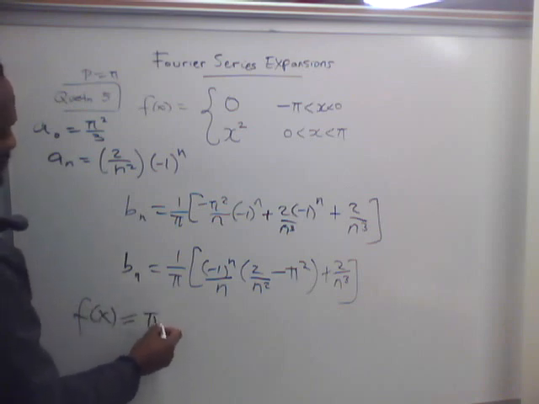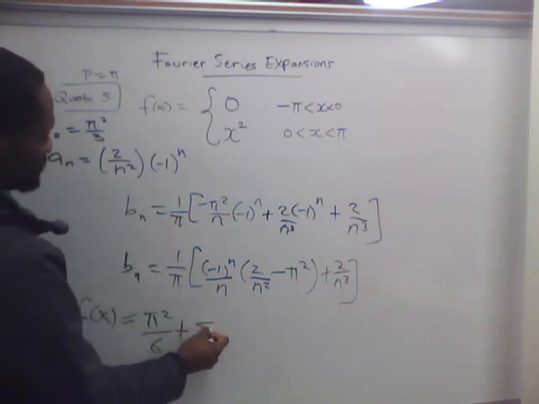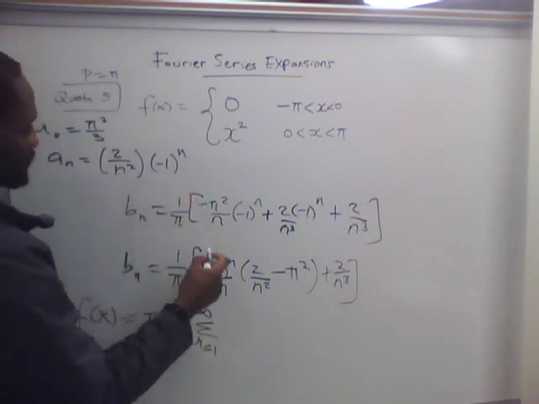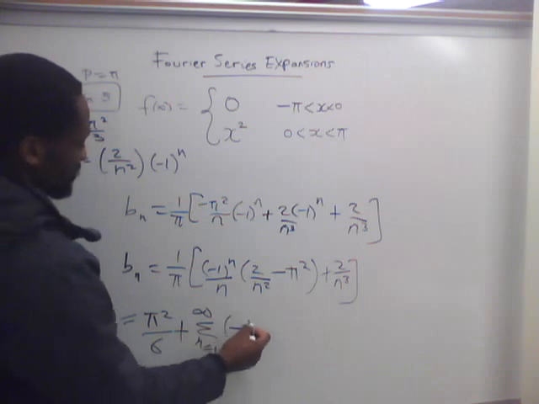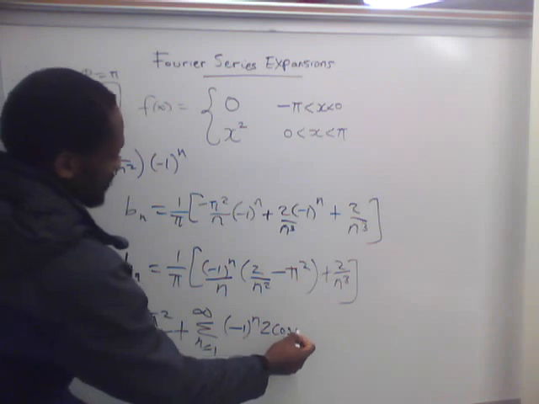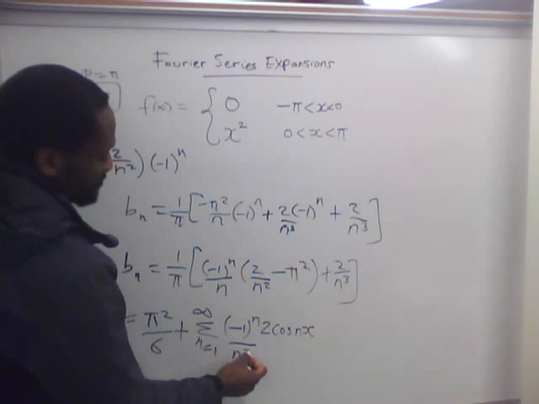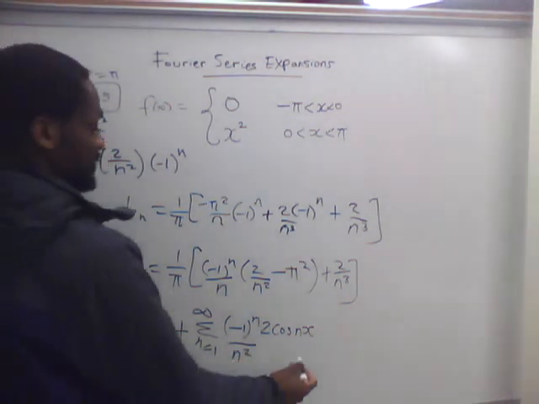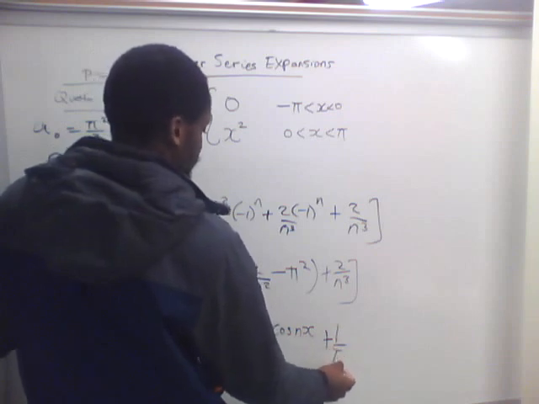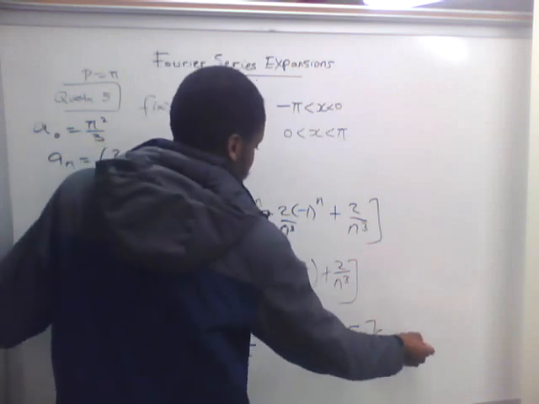So now we can plug this back into our full Fourier series expansion. And we have that as pi squared over 6, because we have a0 over 2, plus summation of n equals 1 to infinity. This coefficient right here times the cosine nx over n squared plus the Bn coefficients, which is just 1 over pi, whatever is in that bracket, sine nx.